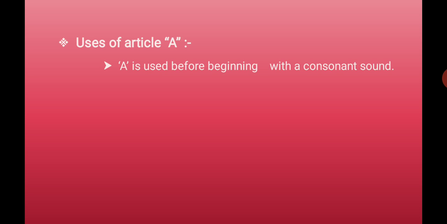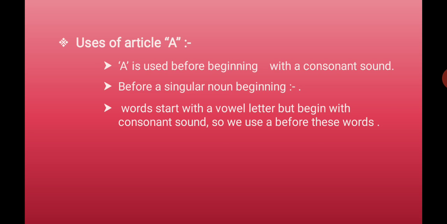The second is before a singular noun beginning with a consonant sound and consonant letter; then we will use A before it. And the third rule is words that start with a vowel letter but begin with a consonant sound, so we use A before this type of words.